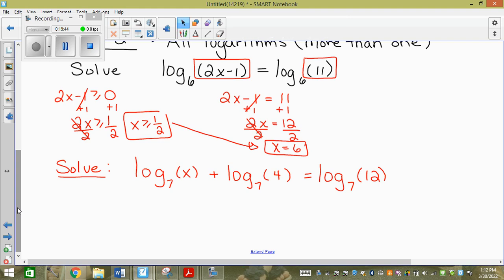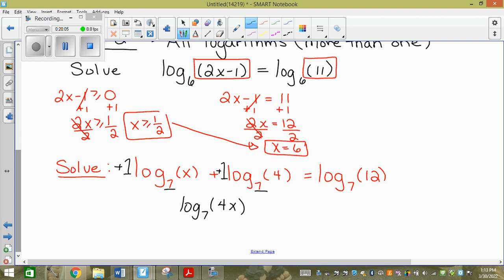So if this is plus 1, and this is plus 1, and this is base 7, and this is base 7, I can write it as log base 7, and what do I do with the x and the 4? 4x, multiply them. Remember, if they have plus ones in front, they go in the numerator and get multiplied together. If they have minus one in front, they go to the denominator, correct? You're just putting them together as a single logarithm.